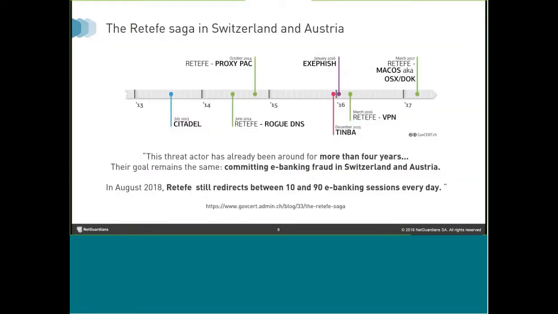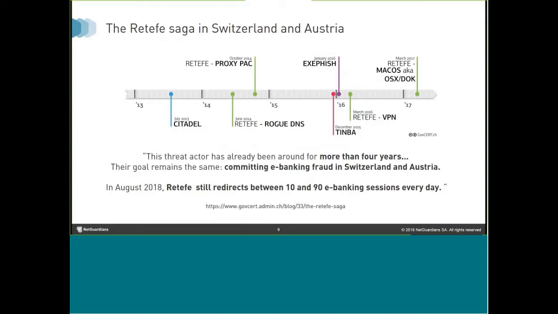We have other examples, the Retefe saga in Switzerland and Austria, and this has now breached borders, especially in countries where internet banking is the preferred mode of banking. As you can see, the transaction behavior is very different in various geographies in the world.